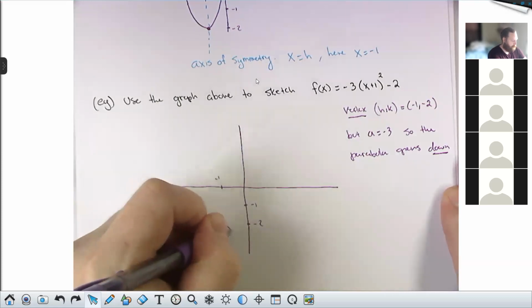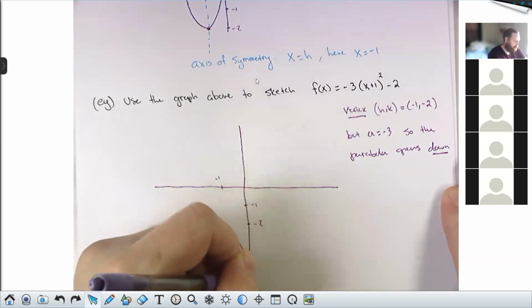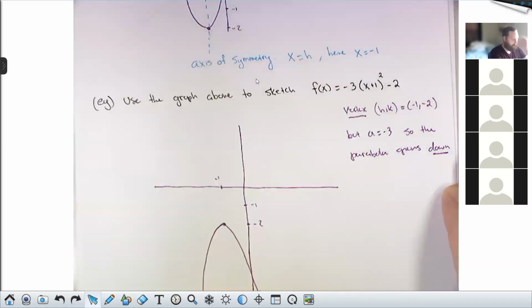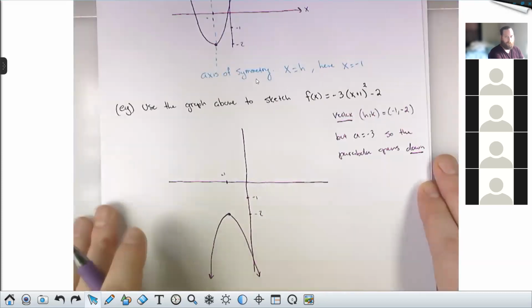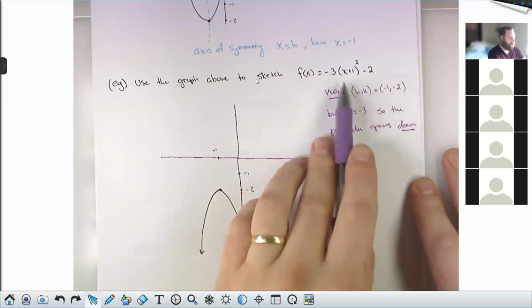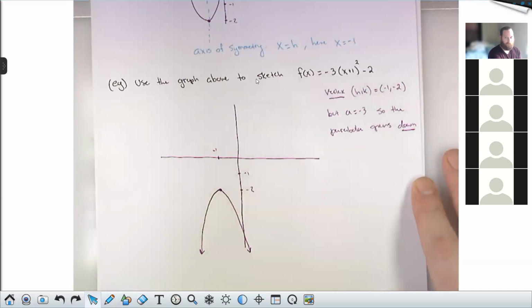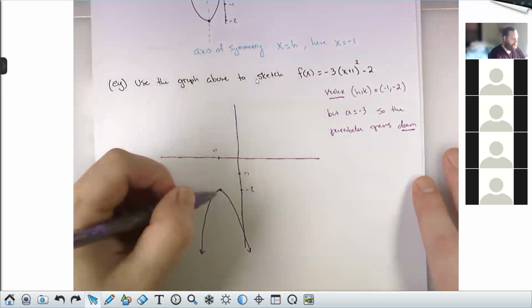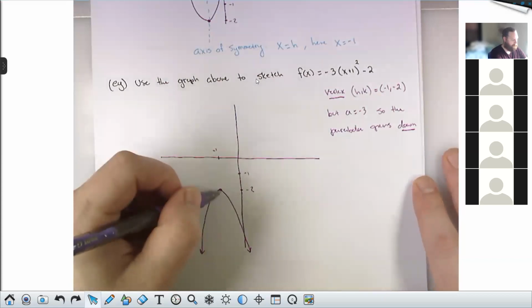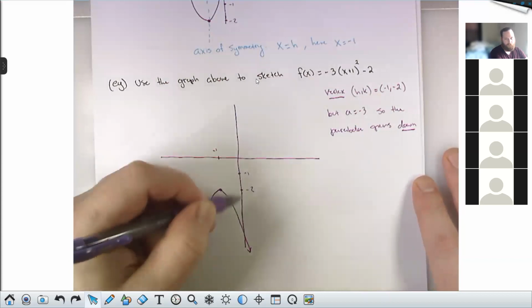So the graph I'm drawing here is the same graph, but instead of opening up, it's going to open down. And the only difference between the formulas is that here a is negative, whereas there a was positive. If you take a step 1 over, then the vertical step will be a units.